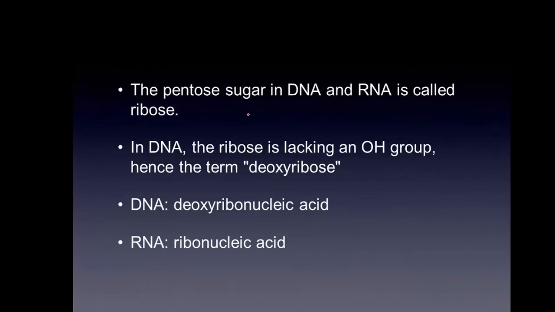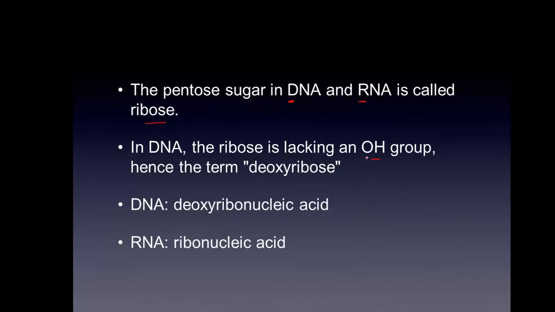Okay, that pentose sugar is called a ribose in RNA, and the reason that one's DNA, the letter D as opposed to the letter R, has to do with the fact that in DNA the ribose is lacking an OH group.